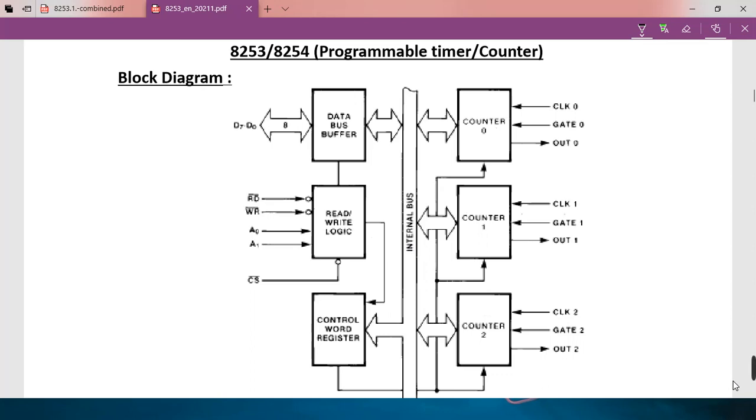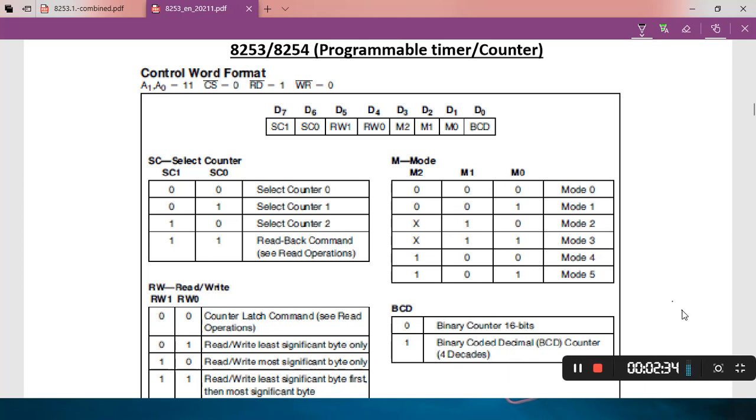Now we will see the control word of 8253 slash 8254. Here I am giving stress on this word that when you know about this 8254, then we can say it is the same as 8253, but it has some more features than 8253 along with high frequency.